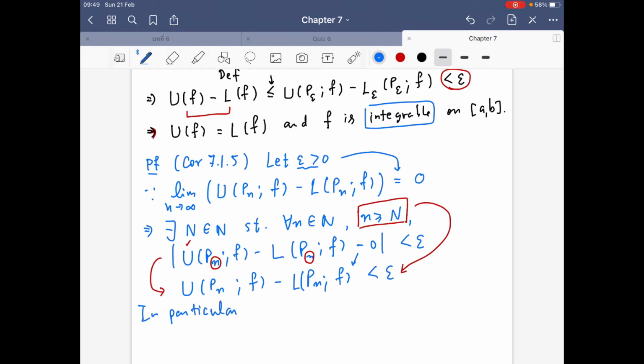In particular, if you replace your small n by this capital N that you have, which exists here, you got this partition for the capital N, for which the upper sum minus the lower sum for this particular capital N will be less than epsilon.